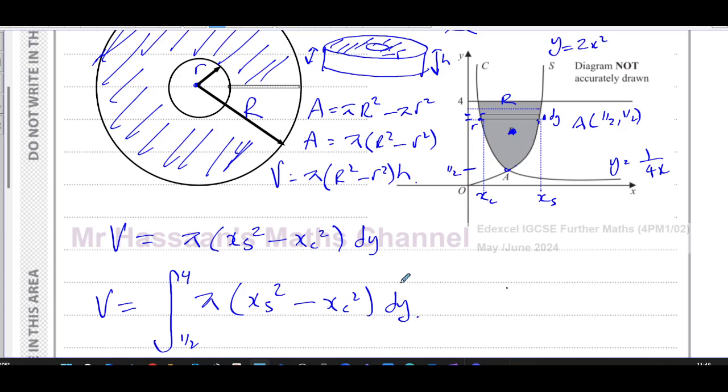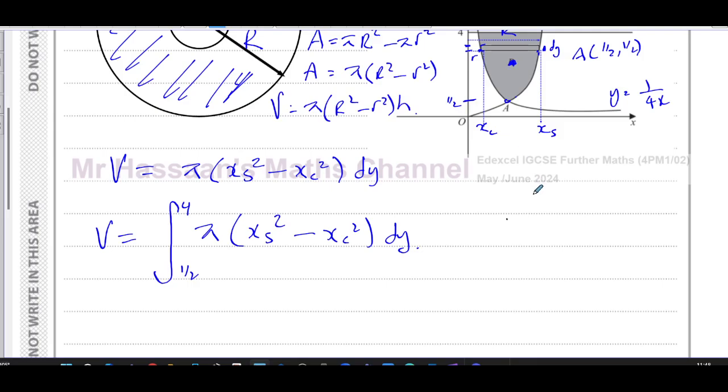So that will give me the sum of all of these strips from a half to 4. Okay, so if I take my equations, for S we have y equals 2x squared. That was S. And for C, if we make x squared the subject of this, because we need x squared, we can say x_S squared is going to be equal to y over 2.